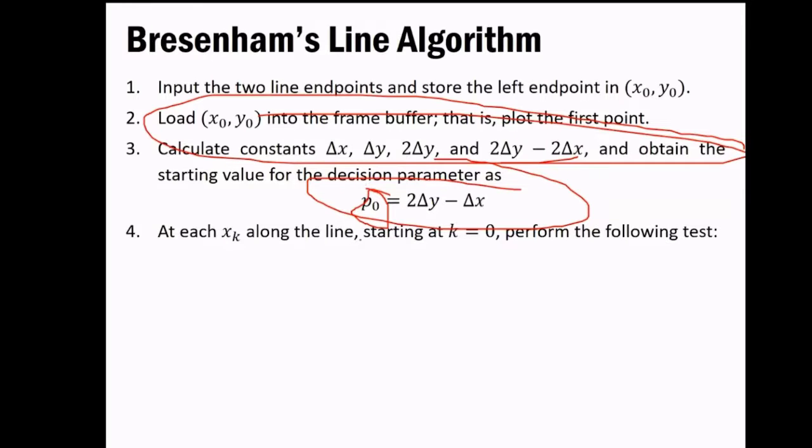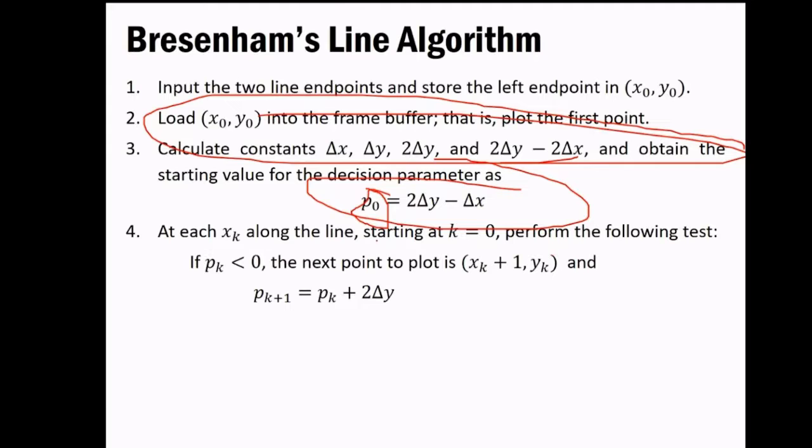What it says is: at each xk along the line, starting at k equal to 0, so obviously we start with x0, perform the following test. If pk is less than 0, the next point to plot is xk plus 1, yk. Keep this in mind: you increment the x value while keeping yk constant at this stage. You don't have to do anything with the y value, and the new decision parameter would be pk plus 2 delta y, that is the value of pk plus 1.